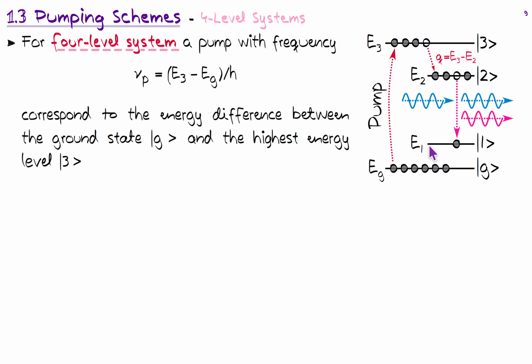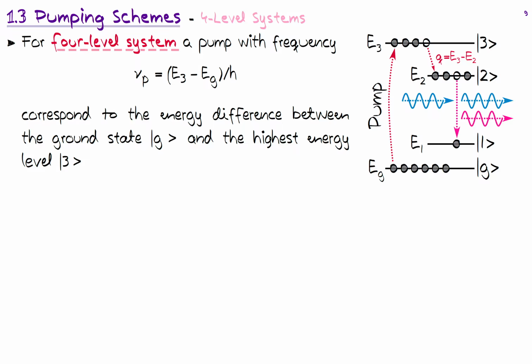Now we have 4 energy levels here. We are pumping again from the ground state, and this time we have this auxiliary state denoted with the label 3. And now you start seeing the reasoning why we sometimes use these labels 1, 2, and 3, and sometimes G and E in denoting the different energy states of the electrons.